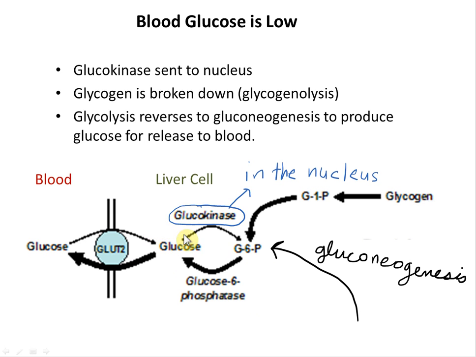And in order for that to be successful, we need to send glucokinase into the nucleus so that it doesn't put another phosphate on that glucose and put us in this futile cycle. Okay, so when blood glucose is low, our glucokinase is sent to the nucleus. Glycogen is broken down. That's called glycogenolysis. And glycolysis is reversed to gluconeogenesis, and that produces glucose that we can release into the blood. Okay, so that's what happens with glucose.